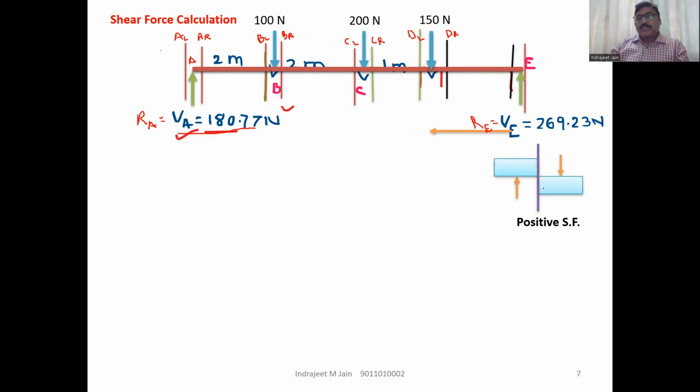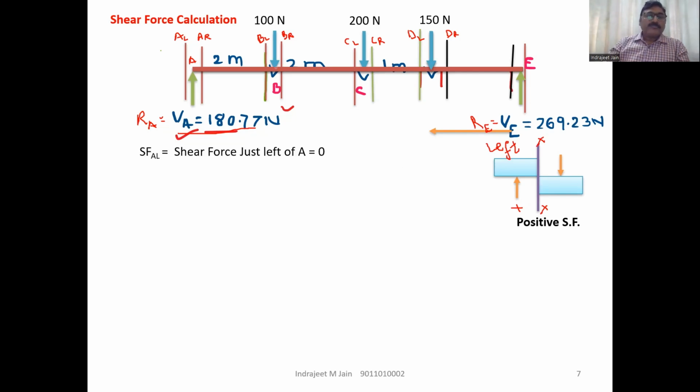The sign convention for shear force on the left side of section: upward positive. This is the left side of the section, section XX. On the left side of the section, upward is positive and downward is negative.